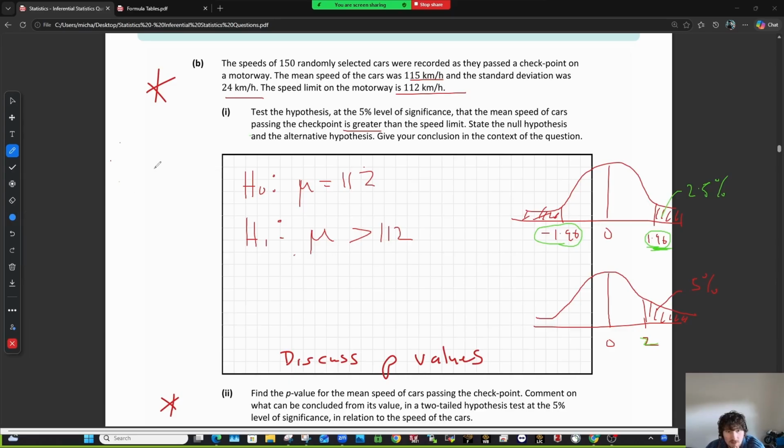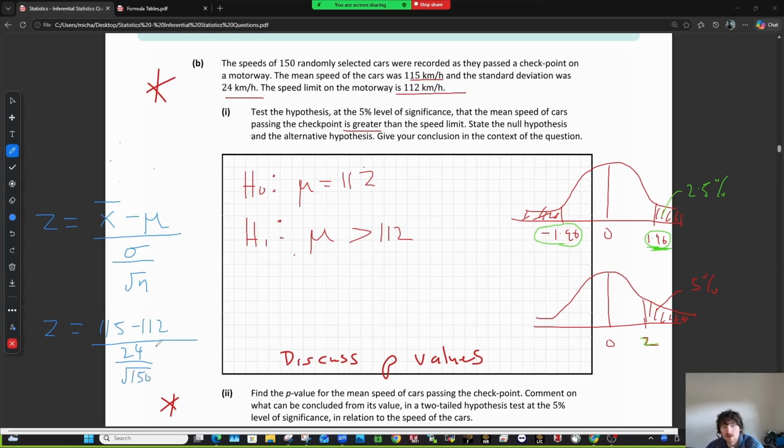Let's get a z-score. Everyone feels a lot safer once you work out a z-score, you know, and it is this formula here because we're talking about the mean of the sample, how unusual it is here, the 115. That's what we're comparing to the 112, over sigma over root n. So then z equals the 115 minus the 112, which is the mu, that's what we're testing, over, it's got quite a large standard deviation, 24, over the square root of 150.